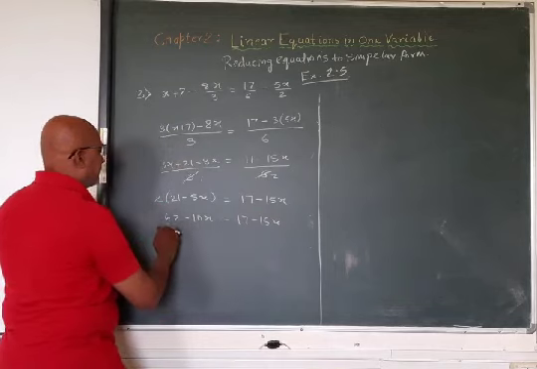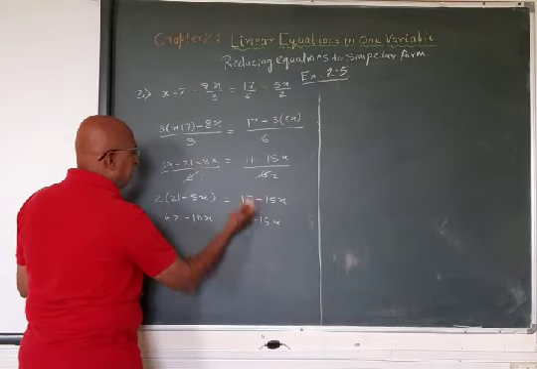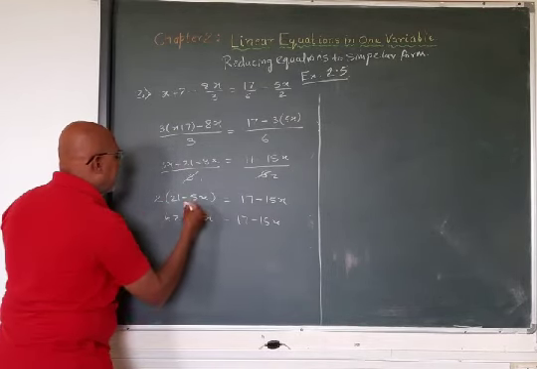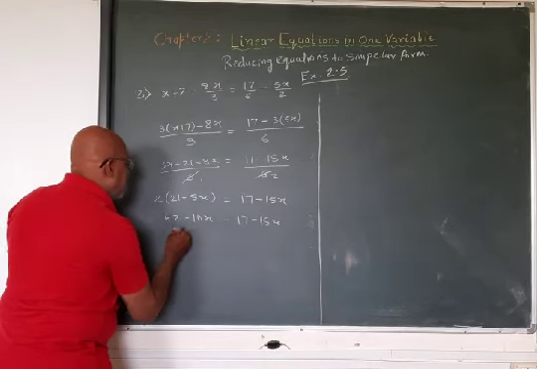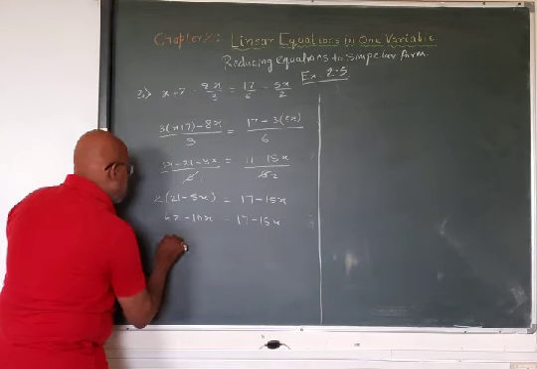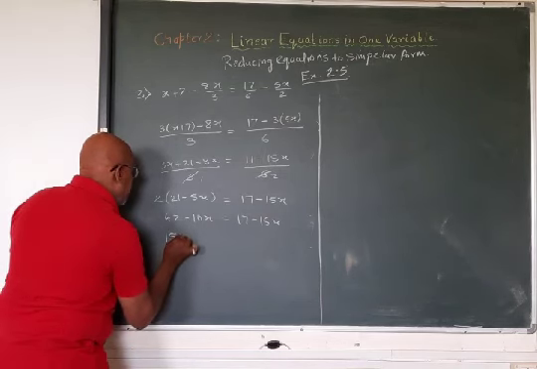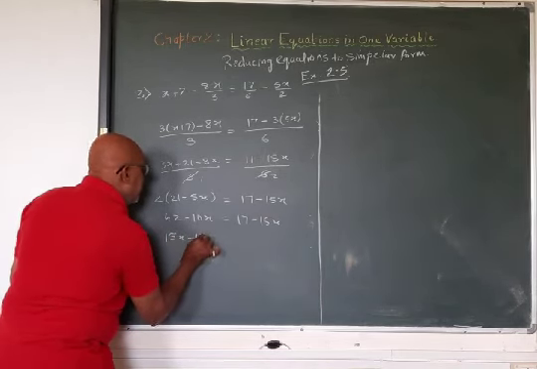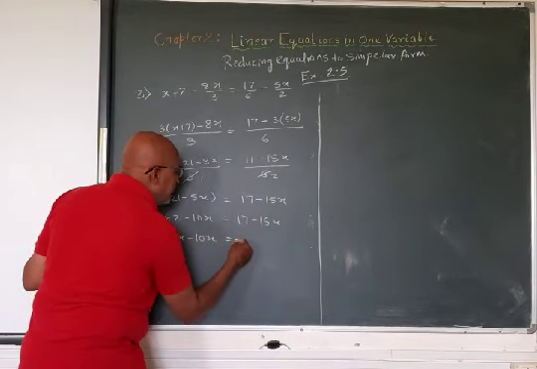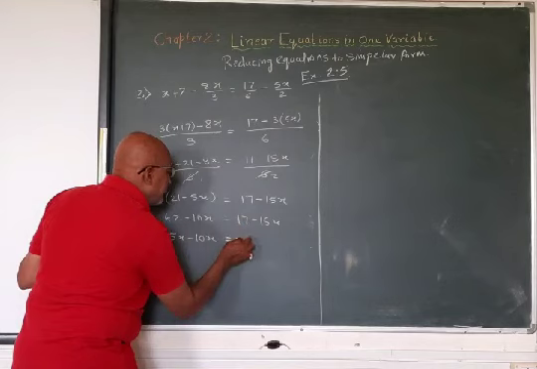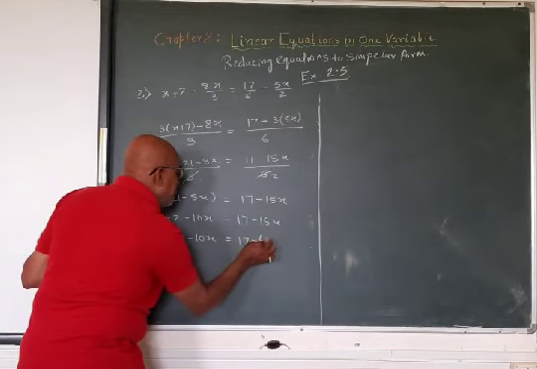These 15 will transfer this side and these 42 that side. So what we get? 15 will become plus, so I will write 15x minus 10x equal to. This 42 goes that side, so it will become 17 minus 42.